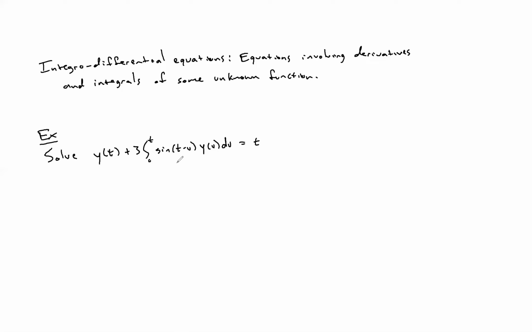Now, if you look at this integral, you'll recognize, based on our definition of convolution, this is the convolution of the sine function with the function y of t. Okay, so let's rewrite this in terms of the convolution. So I have y of t plus 3 times the convolution of sine of t with y of t.